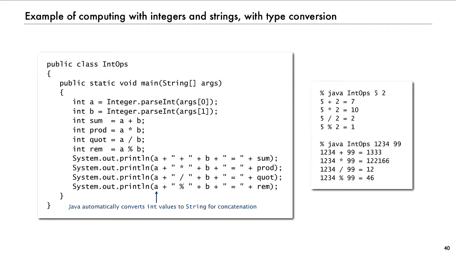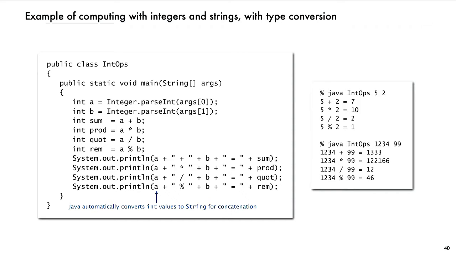Those are then computed, and they're a part of Java's int data type, so they're integers, those values. And then it prints out a string that represents the expression that it computed. It takes the int a, and so in this case it's going to be 5, and then it concatenates that with plus, space, and then puts the b, and then space equals space, and then puts the sum, and it does that for each of the 4 operations.